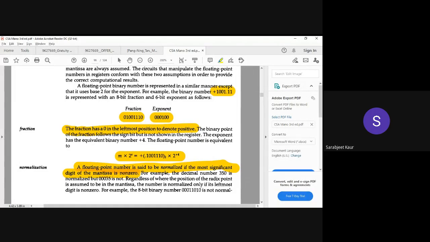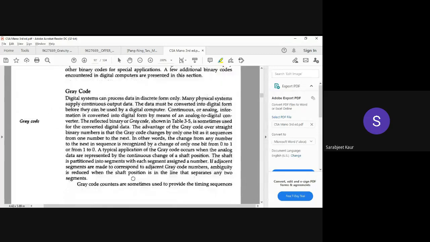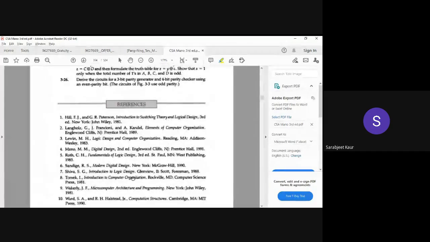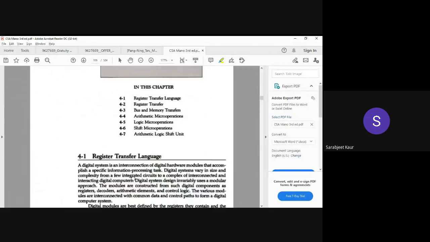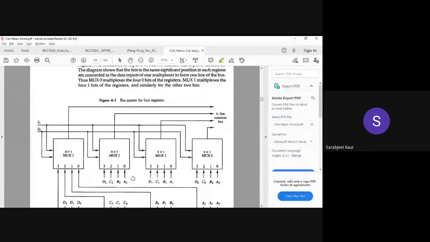So you just need to know this term, normalization. Normalization simply means that the floating point number is called normalized if the most significant bit of the mantissa, that is this bit after the decimal, is non-zero. This is it. These are things which are very important, and that is why I am revising them with you.